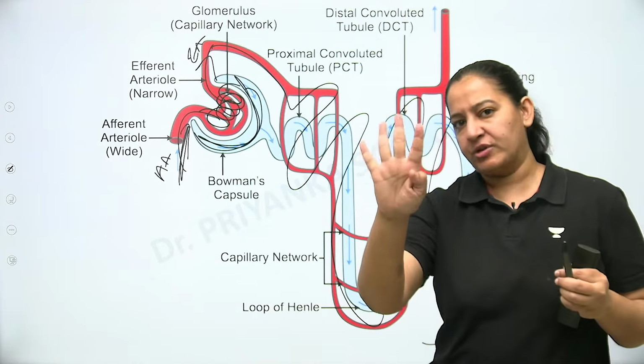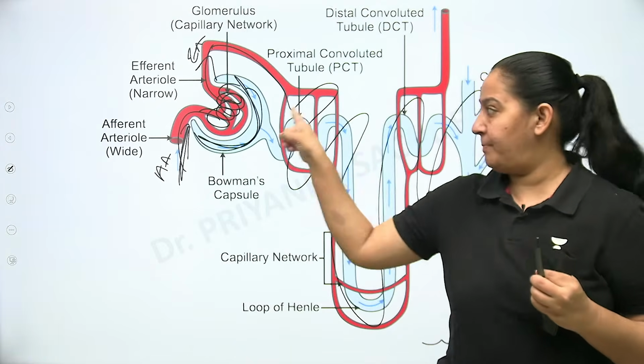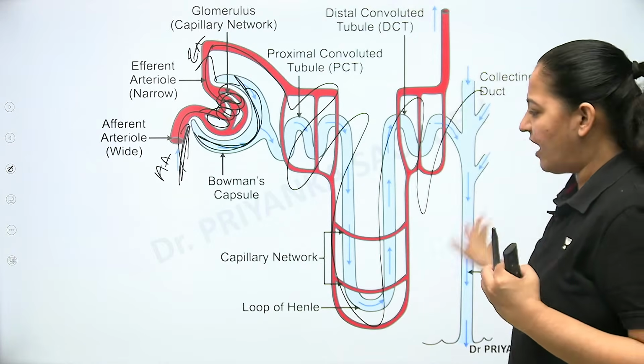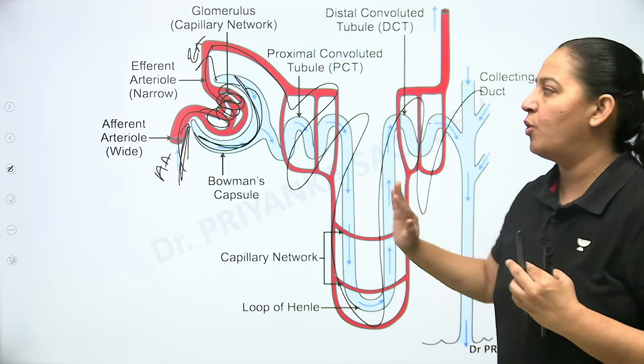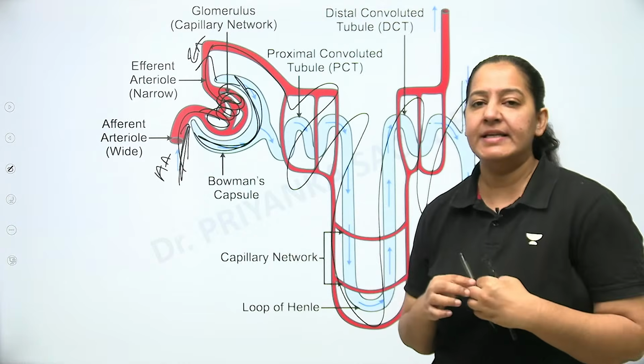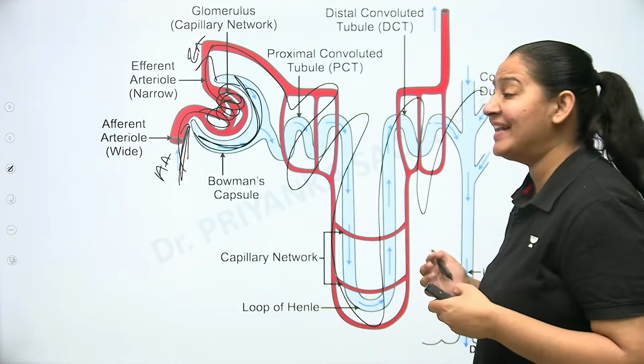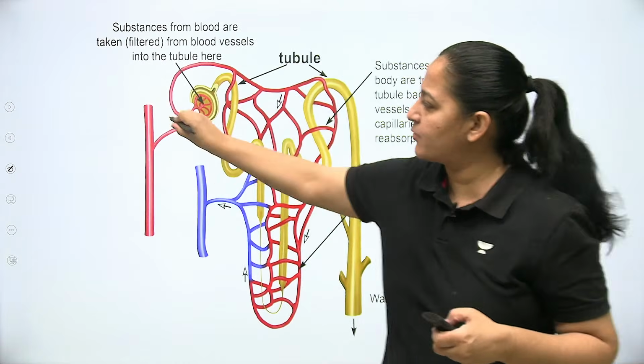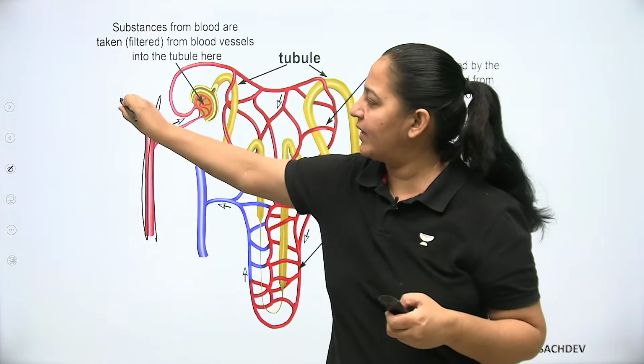By tubules, I mean four things: proximal convoluted tubule, PCT, loop of Henle, DCT, and collecting duct. So the efferent arteriole forming a bunch of capillaries over all the tubules is known as vasa recti or peritubular capillaries. So here also you can appreciate this is renal artery.